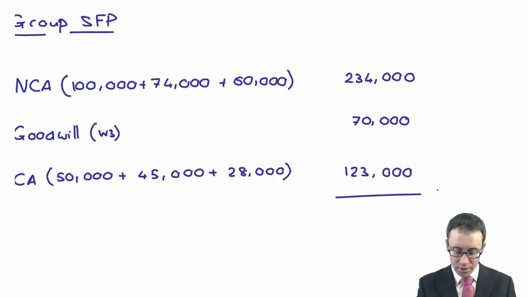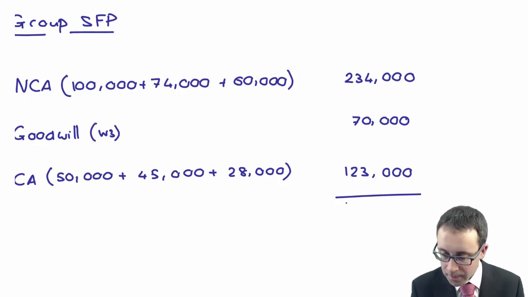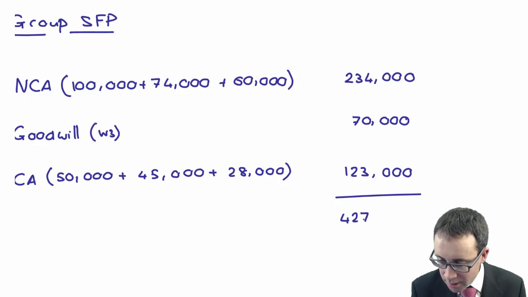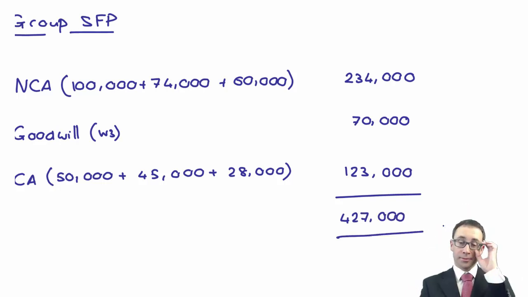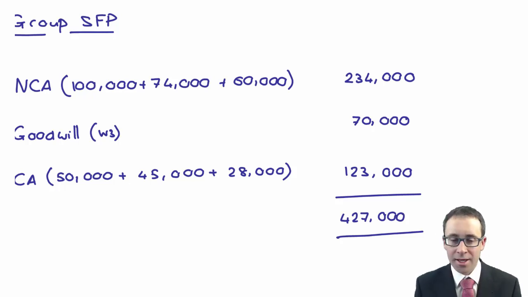So 234 plus 70 plus 123 gives me 427,000. Okay. Is it going to balance? That's the key, isn't it?